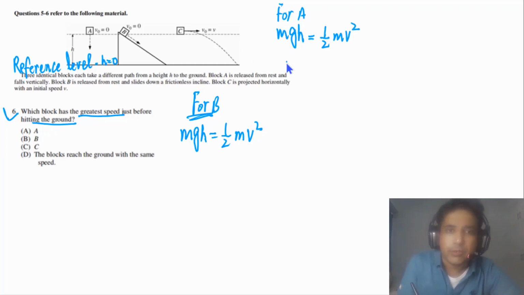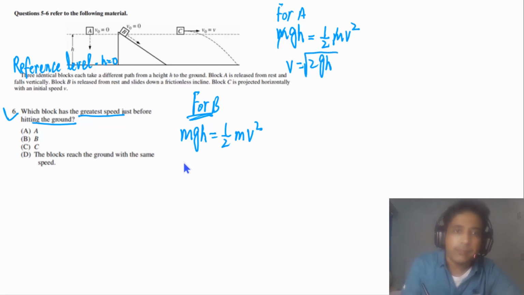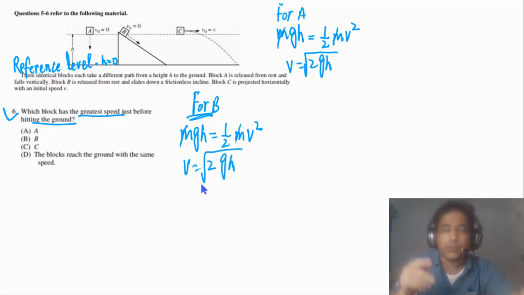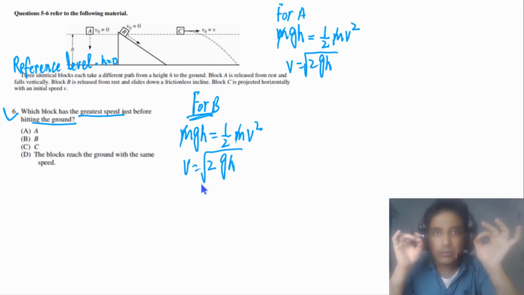We can write the speed from here: v, the mass will be cancelled, is equal to root of 2gh. And for block B, v is also equal to root of 2gh. So block A and block B will have the same speed when they hit the ground.